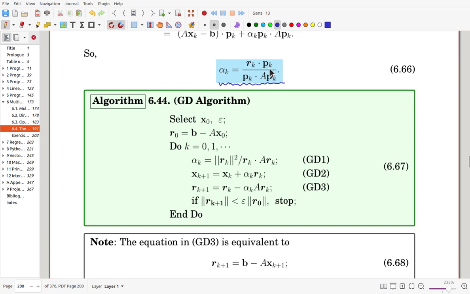In the gradient descent method, pk is rk. So alpha k can be obtained in this way, and we update the iterate, and then we compute the residual. Once the residual is bounded by the tolerance times the original residual, then we can stop the iteration.